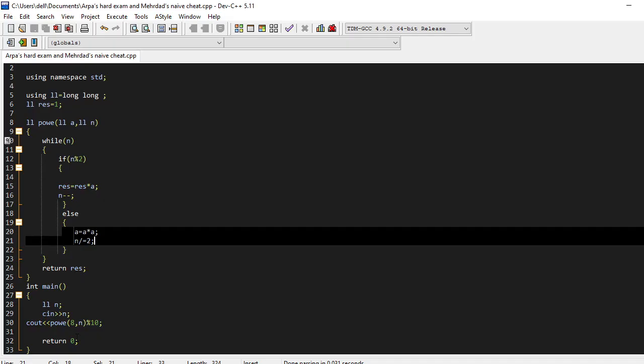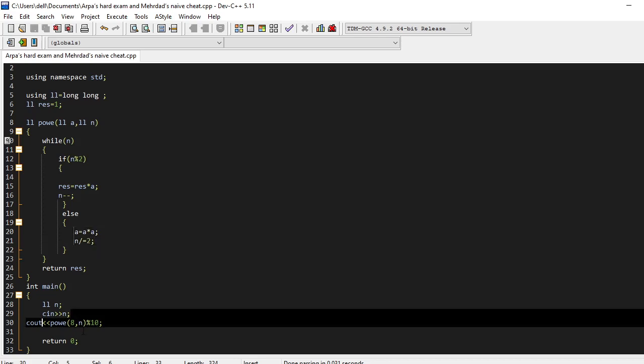Simply we have taken the input n, and we have called the power function with the base 8 and exponent n, modulo 10. And this is the power function. While n is not equal to 0, we go on. If n is odd, then result equals result into a, and we decrement n by 1.